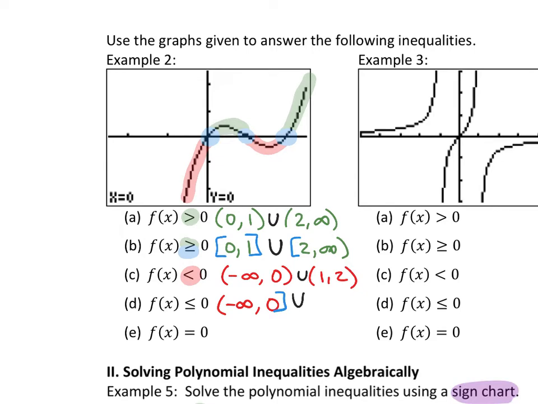And then 1 to 2, but this time with brackets, because we can be exactly equal to the x-axis. And then E, the numbers where it's exactly equal to, should be the set of numbers 0, 1, and 2, because that's exactly where it's equal to 0. I guess I didn't color code this.